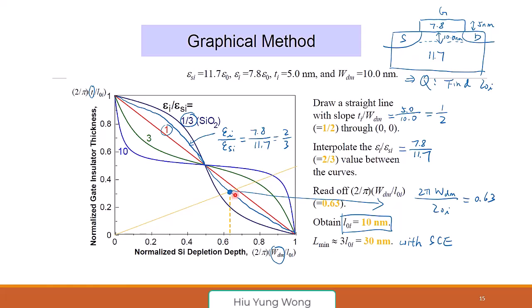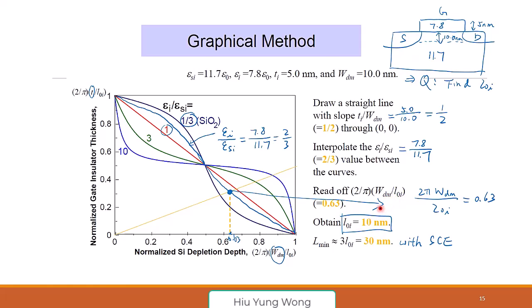Yeah. And from here, then I know what is WD. Of course, I know it's not exactly W, it's 2 divided by pi WD divided by LOI, right? Equal to about 0.63. That's how I get it, 0.63. And with this, I can find what is LOI.